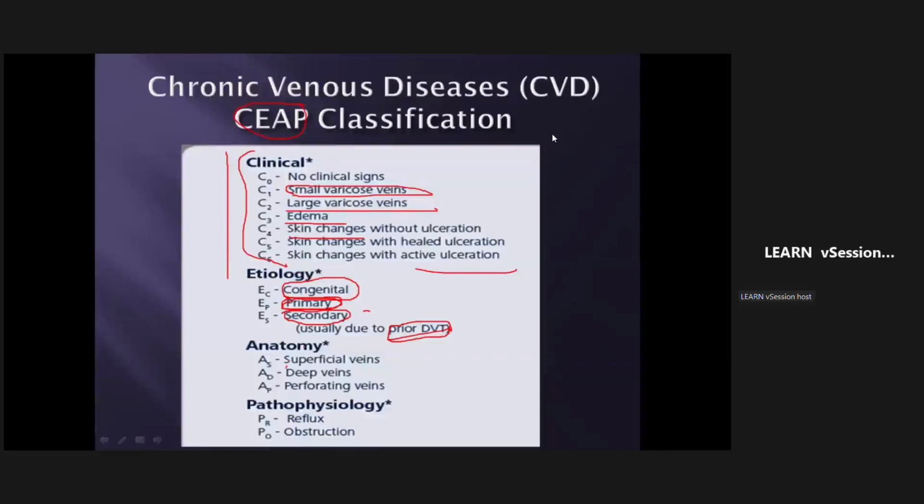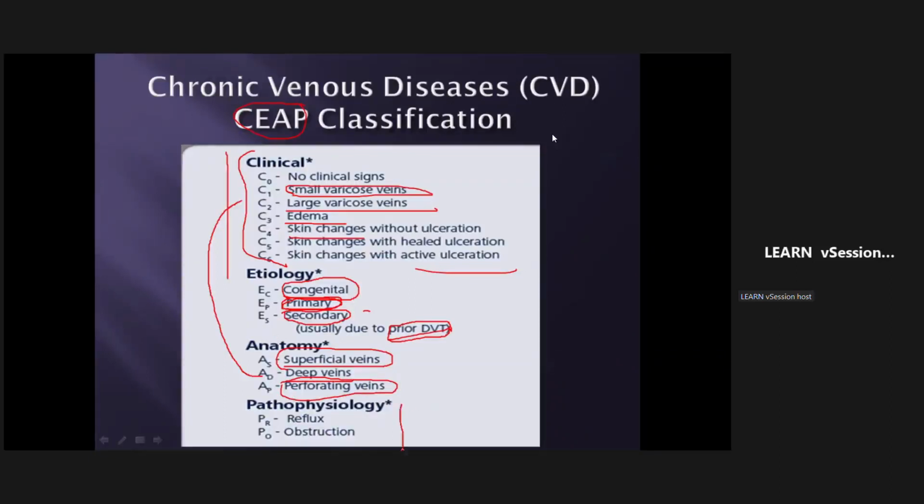And anatomically, of course, superficial veins mean the varicose veins, reticular veins, and spider veins. But this is what I said, you can have the same kind of presentation due to deep vein abnormalities or perforating vein abnormalities. Again, in your exam, you can find this out.